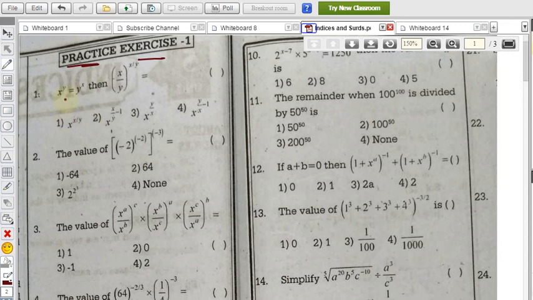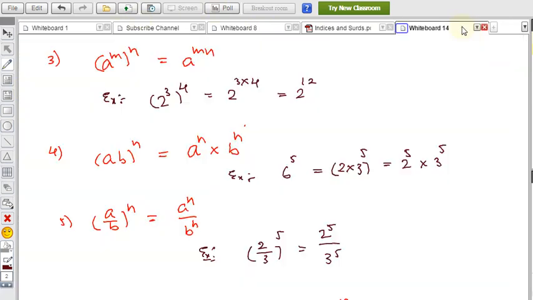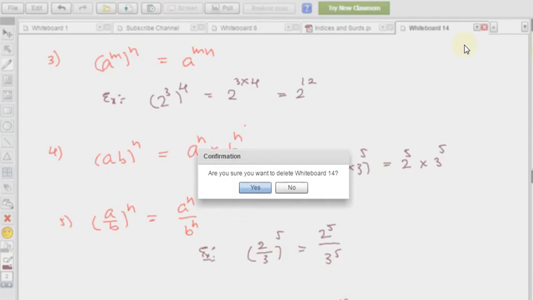X to the power y is equal to y power x, then x by y whole to the power x by y is dash. Okay. We'll use the formula a power m by a power n. Let me write the question here.